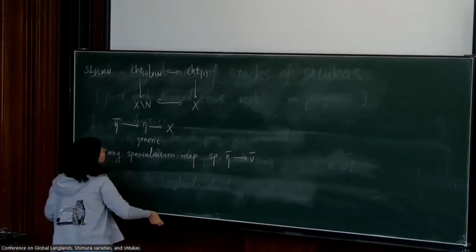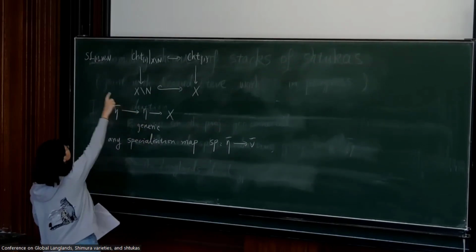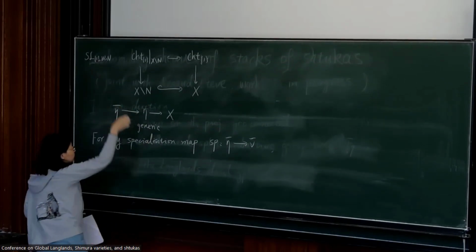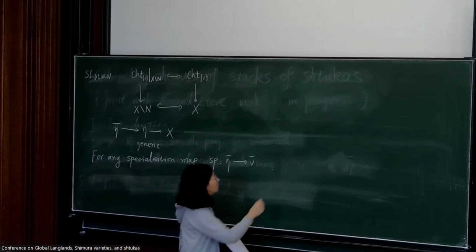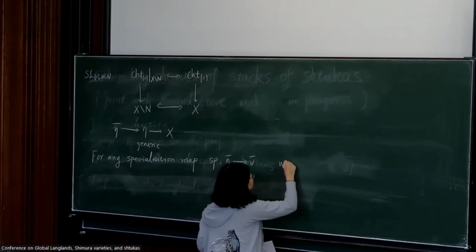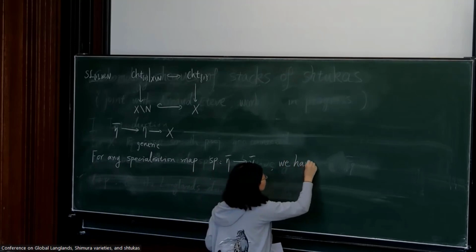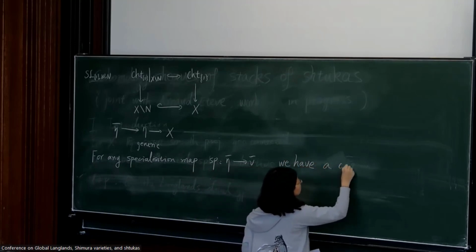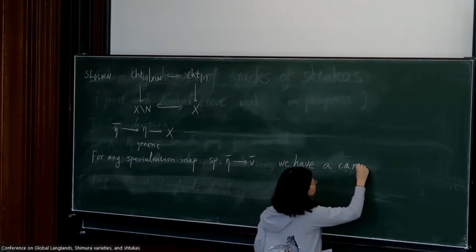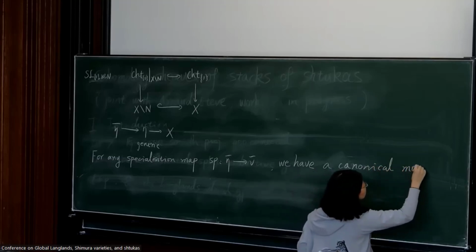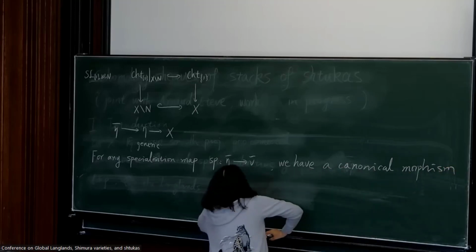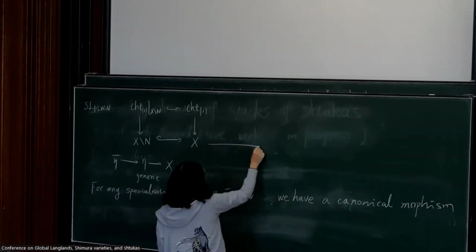We have the nearby cycle functor for this sheaf. So this gives us a sheaf on this.